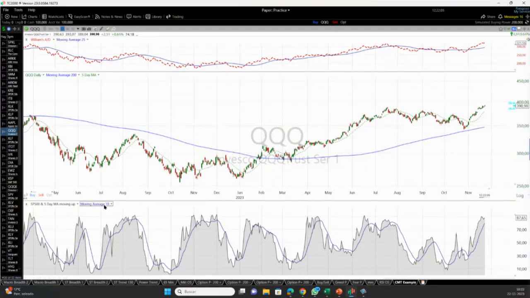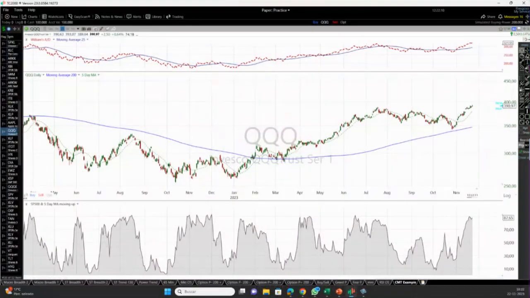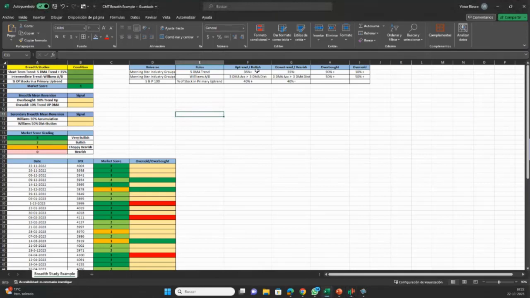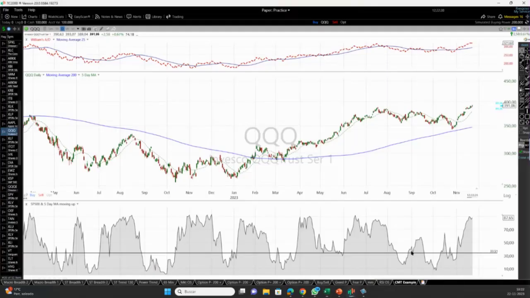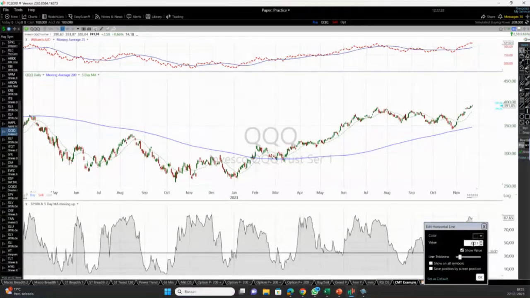Also something cool, I'm going to tell you my rule right now. My rule is that it's bullish if stocks are 35% plus above their 5-day moving average. How did I get to this number?